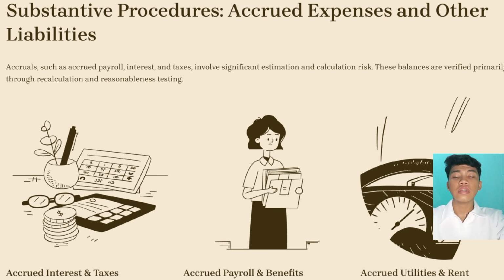Recalculate the interest expense and liability based on loan balance and rates. In the accrued payroll and benefit, verify the computation of accrued salaries, bonuses, and vacation pay using company policies and employment contracts. And then accrued utilities and rent, examine past consumption patterns, contracts, and subsequent bill payments to ensure they are reasonable.